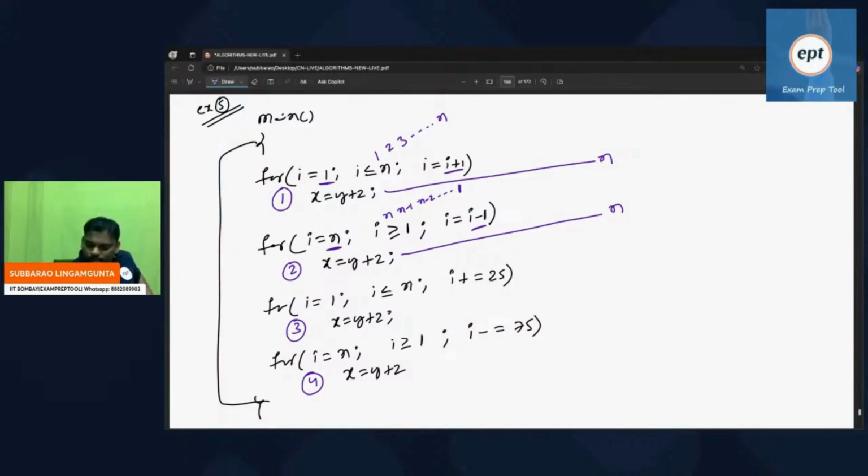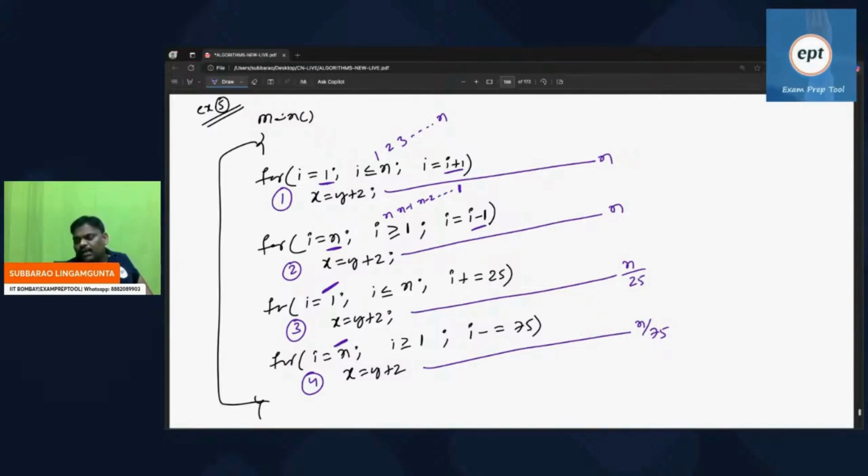Now see the third one. Always incrementing by 25, so n by 25. Always decrementing by 75, so n by 75. Here I started from a small number, always incrementing by 25, n by 25. Here I started from a big number, always decrementing by 75, so n by 75.